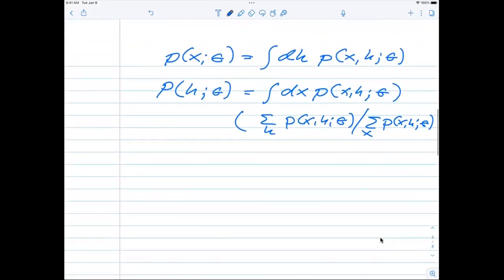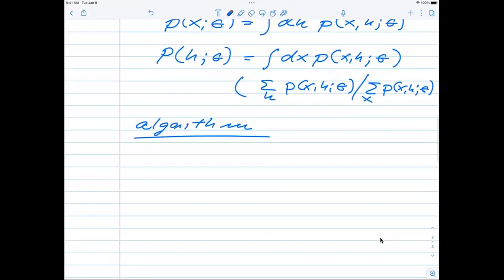So if we now look at the algorithm for this, this is a standard Markov chain Monte Carlo approach, as you have seen in project number 1. And that's why these methods are so interesting for us, because they allow us to think in much the same terms as we have done till now.